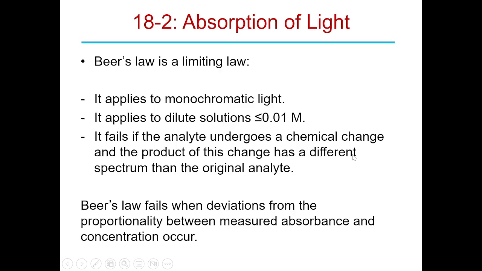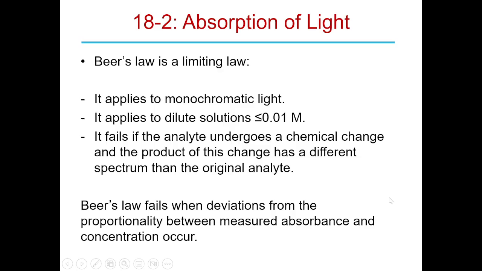It fails if the analyte undergoes a chemical change, and the product of this change has a different spectrum than the original analyte. You could actually make a Beer's law for the product. But yeah, if you have a different species, you're going to have a different Beer's law, right? Okay.